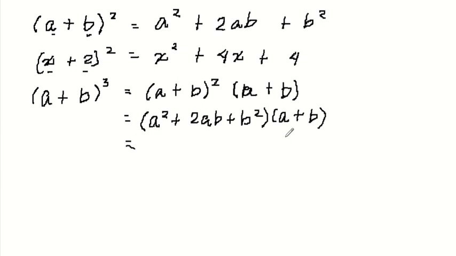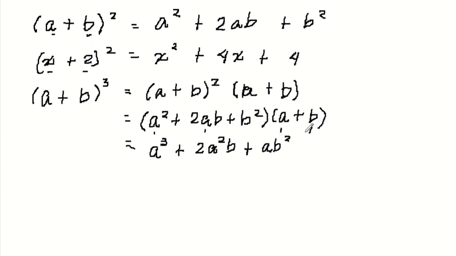Expanding this, well, we multiply a and distribute that to all the terms inside the first factor, which is a times a squared is a cubed plus a times 2ab is 2a squared b. A times b squared is ab squared.